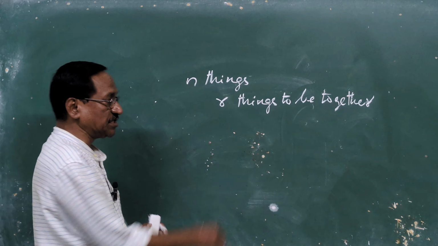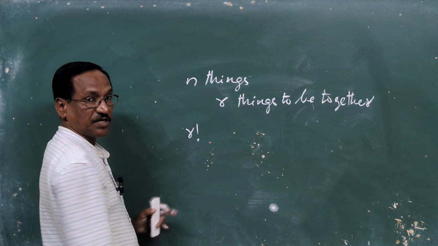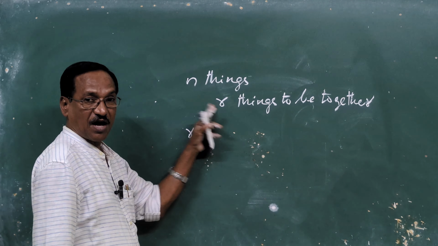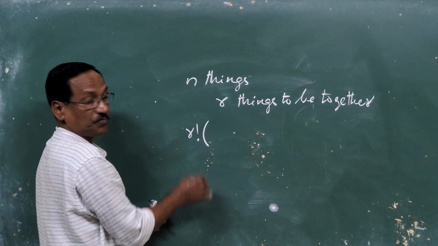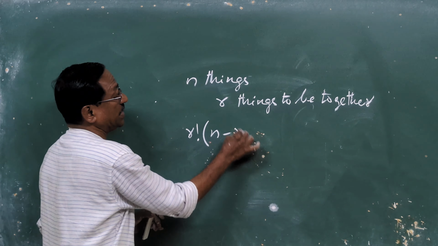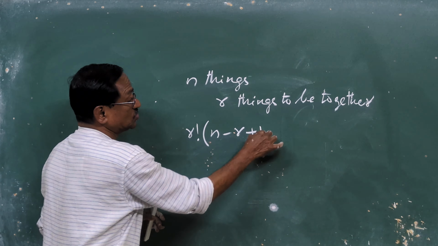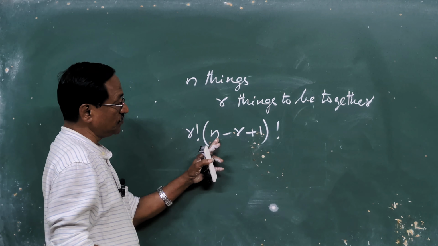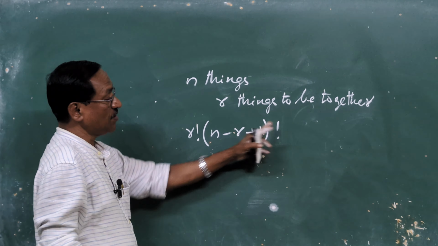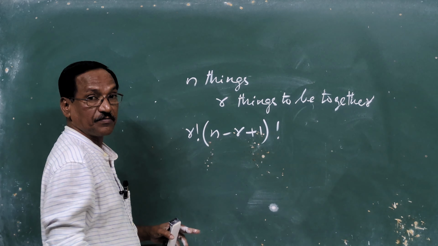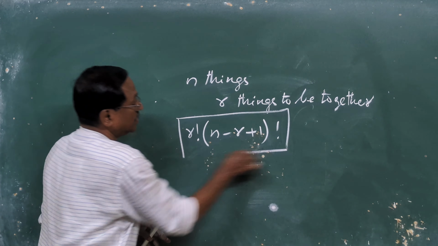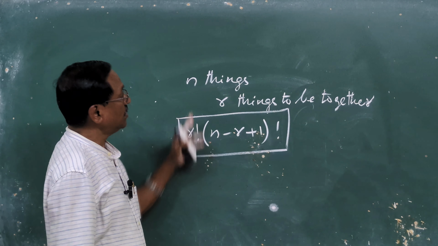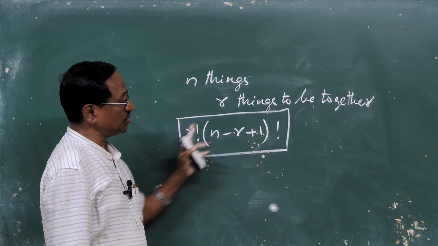Then the number of arrangements is equal to r factorial, the factorial of the number of things to be together, into n minus r plus 1 factorial. This is the formula to get the number of arrangements when r things are to be together.